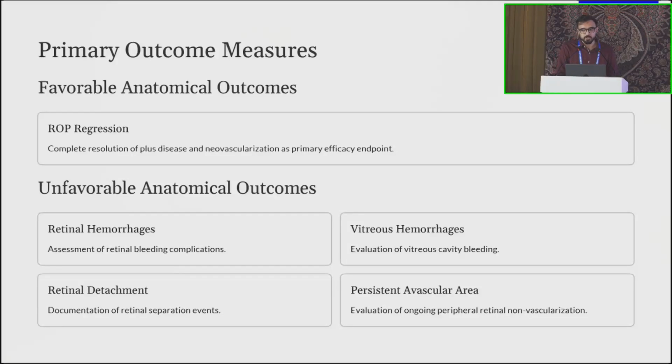We divided the anatomical outcomes into 2 parts, favorable and unfavorable. Favorable includes ROP regression, and unfavorable includes retinal hemorrhages, vitreous hemorrhages, retinal detachment, and persistent avascular area.